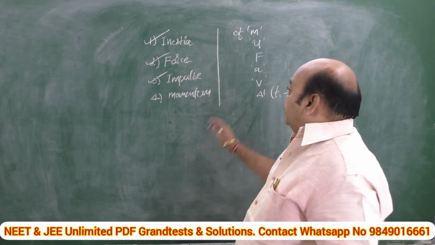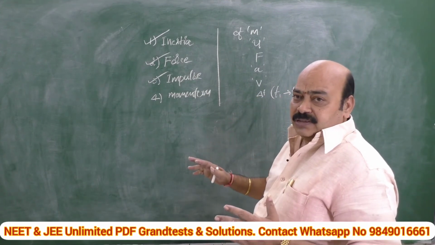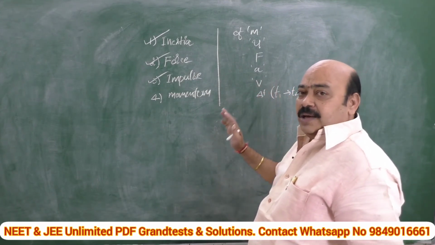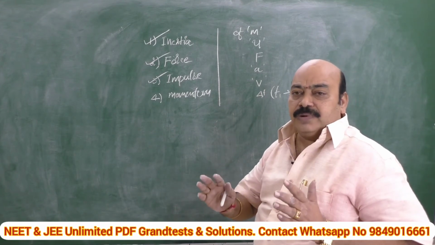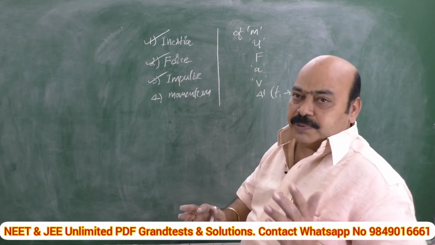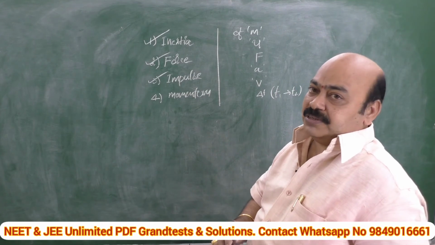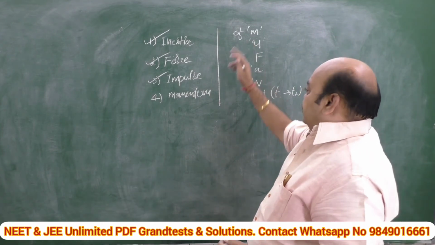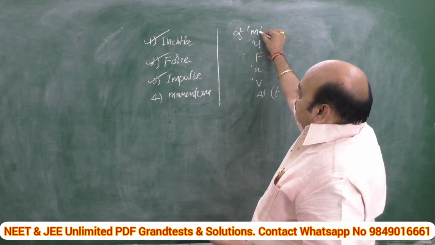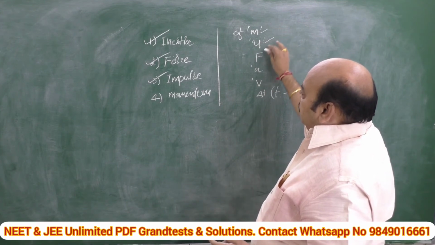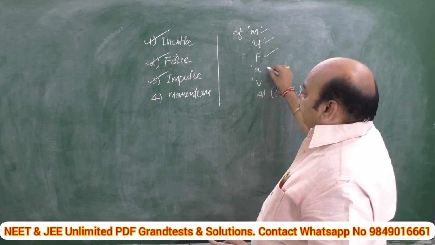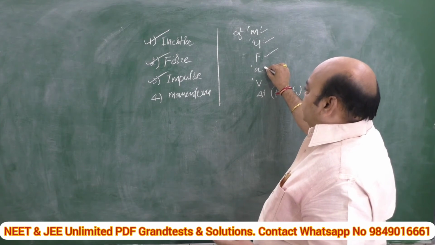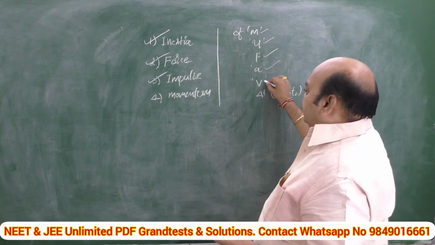Once again, just learn it very casually. I am going to use all the basic formulas in physics which you all learnt in the previous kinematics chapter. Now let us see this. What is the mass of the body? m. What is the initial velocity? u. What is the force applied? F. What is the acceleration produced? a. What is its final velocity? v.